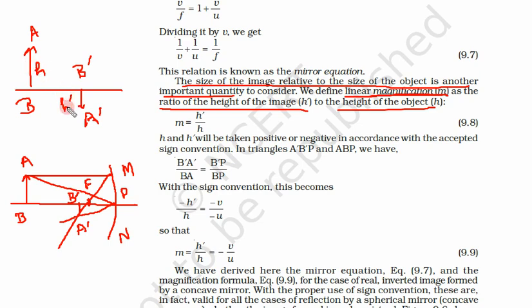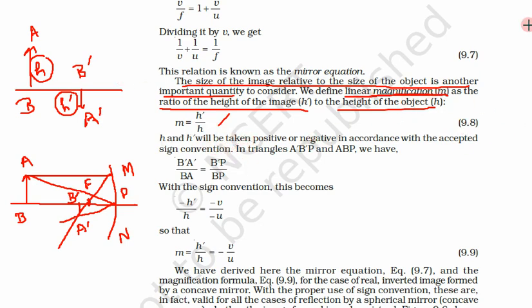Then the ratio h dash upon h, not h upon h dash, but h dash upon h, is called linear magnification. So this ratio of the image height to the object height is called magnification.